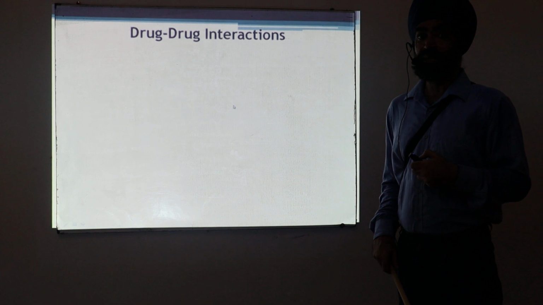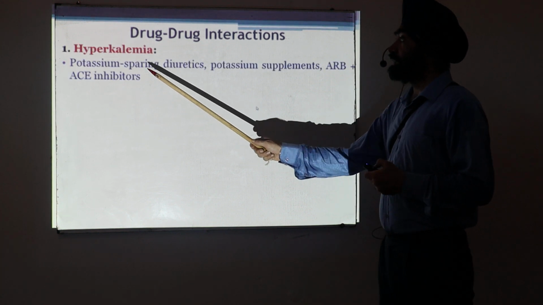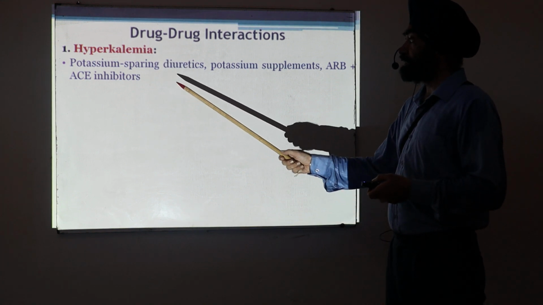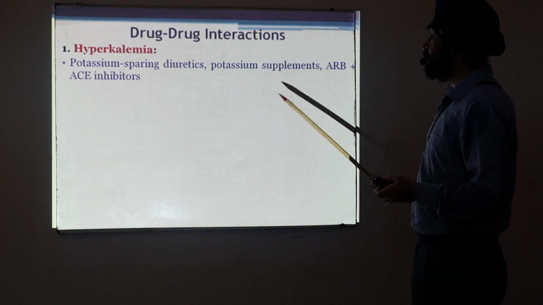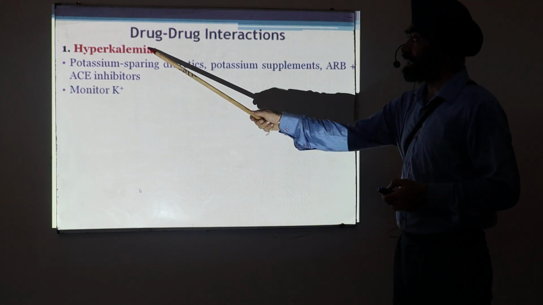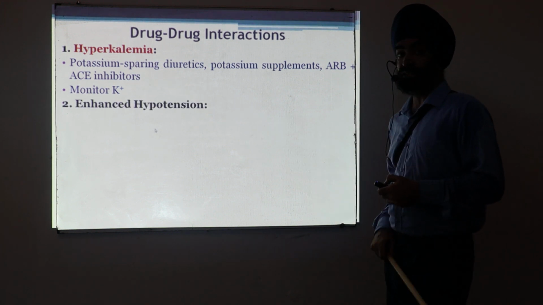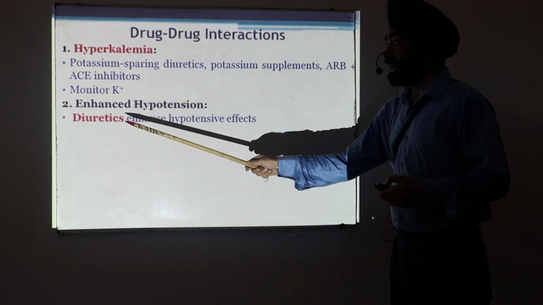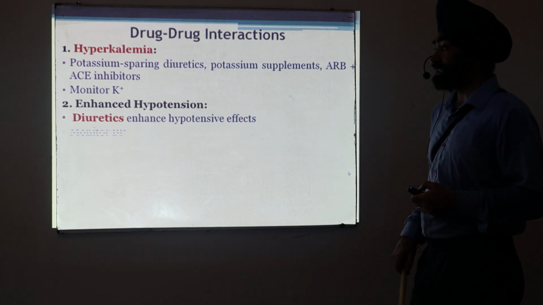Now some important drug-drug interactions. Hyperkalemia: as I told, they produce an increase in potassium levels, so with potassium sparing diuretics, potassium supplements, or if you combine both ARB and ACE inhibitors, then dangerous hyperkalemia can take place. So monitor potassium levels. Enhanced hypotension: if you combine diuretics plus ACE inhibitors, they enhance the hypotensive effect.